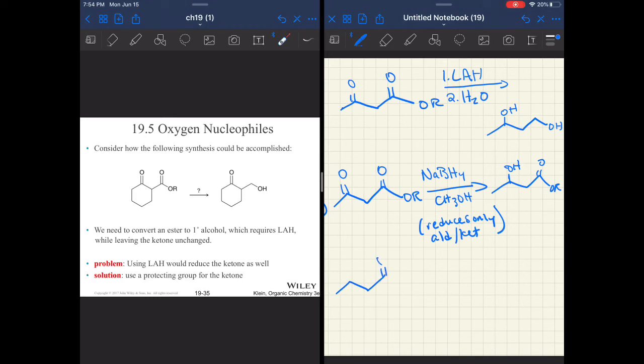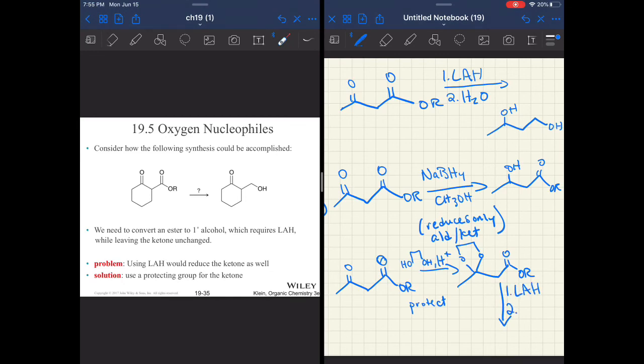So if I want to only reduce the ester, then the first thing I can do is protect, and I'm going to use my diol and acid. That is going to give me this acetal, but that reaction doesn't occur on esters. Then I can treat with LAH.